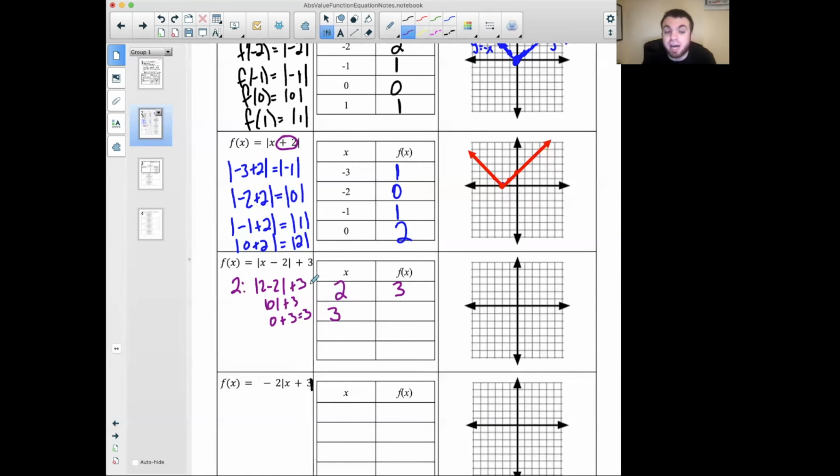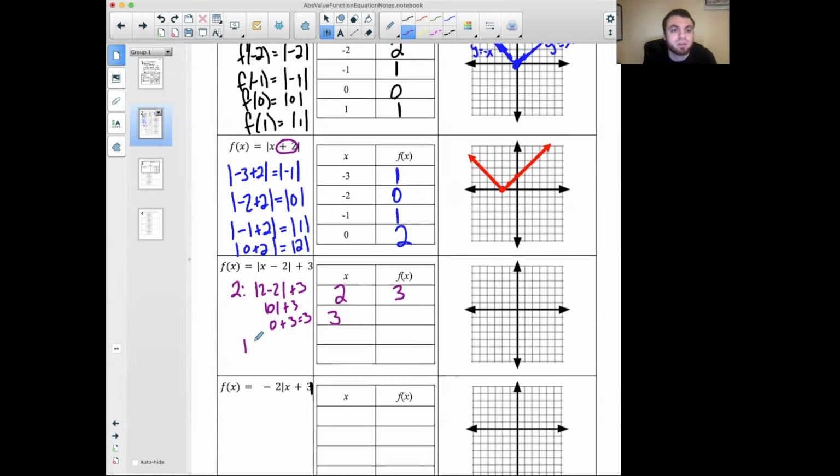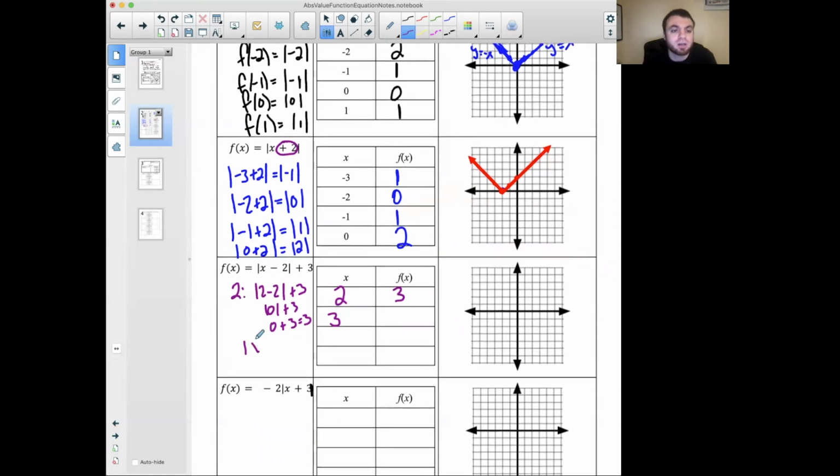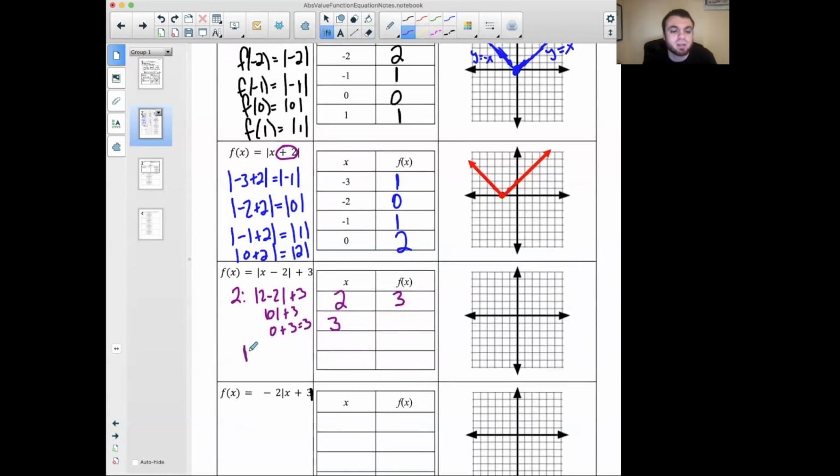Why would I do that? Because I want to make the number in the bars relatively small. I think I might have shifted everything. All right, so what I'm going to do is, I'm not going to do x. I'm going to do 3 minus 2 plus 3.